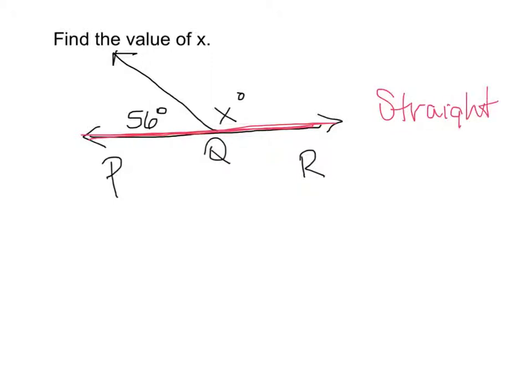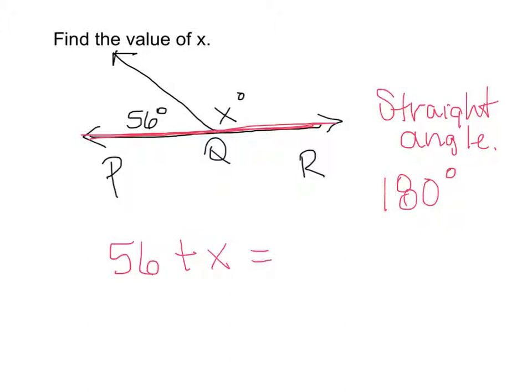And what is the measure of a straight angle? That is 180 degrees. So this 56-degree angle measure plus the measure of angle X equals 180 degrees.